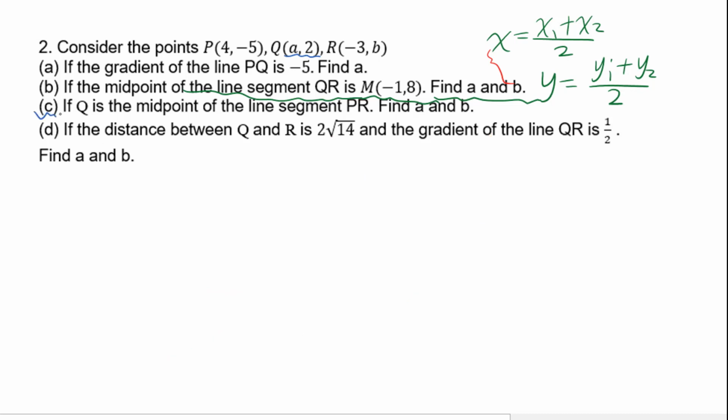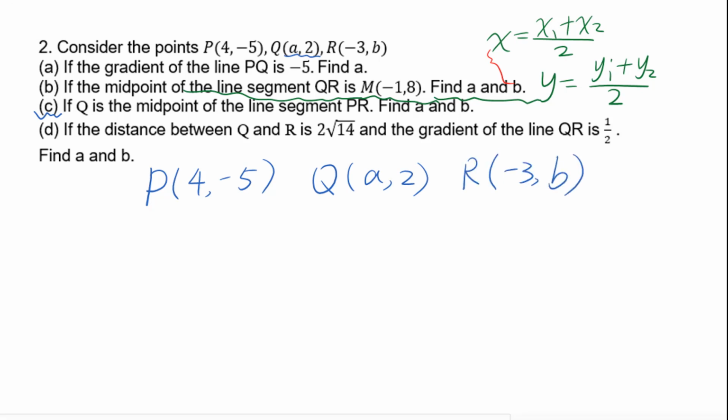Let's go to C. If Q is the midpoint of the line segment PR, find a and b. We have P(4, -5), Q(a, 2), R(-3, b). Label correctly. This time, Q is the midpoint, so you will label this as x, y.